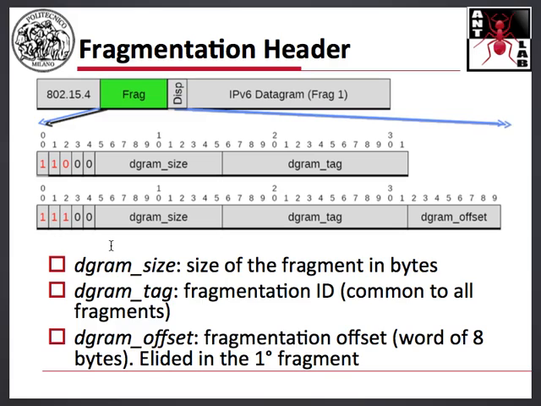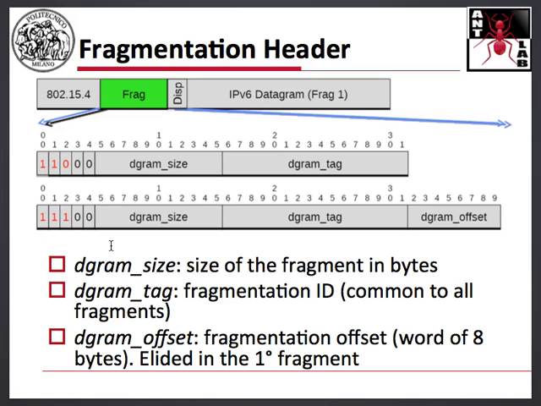So let's see what this fragmentation header is for. The fragmentation header must carry 3 types of information. First, it must define which original IP packet that specific fragment belongs to. Second is the size of the fragment, so how long the fragment is.